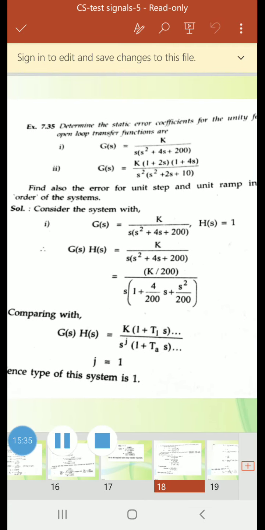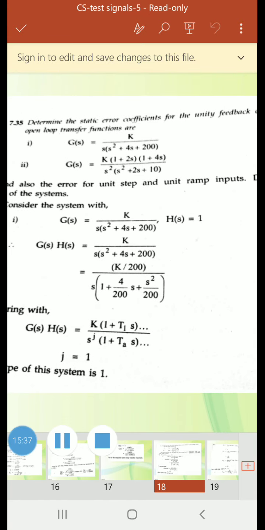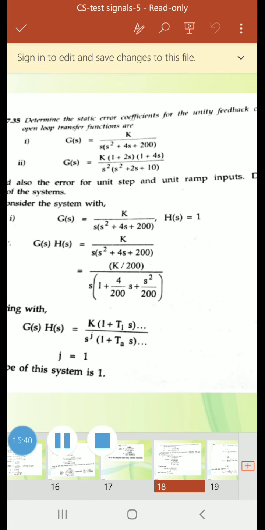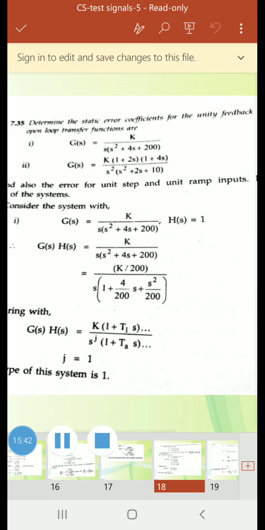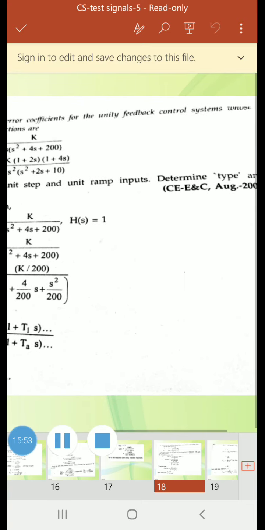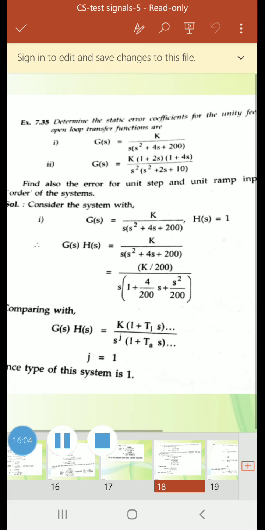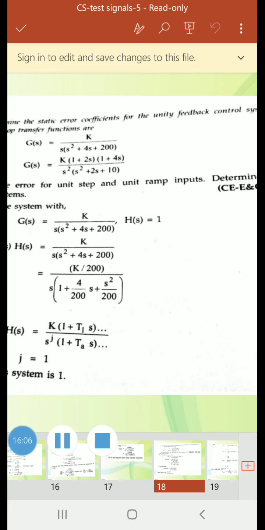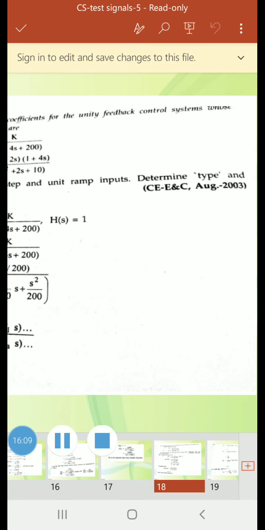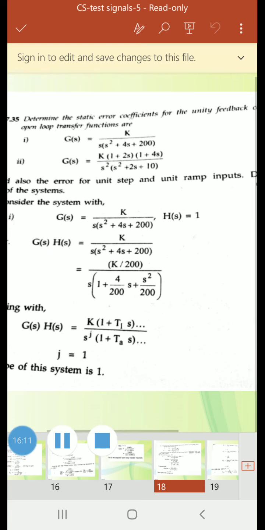Next we'll take the next problem. Determine the static error coefficients for the unity feedback control system whose open loop transfer functions are, 1.